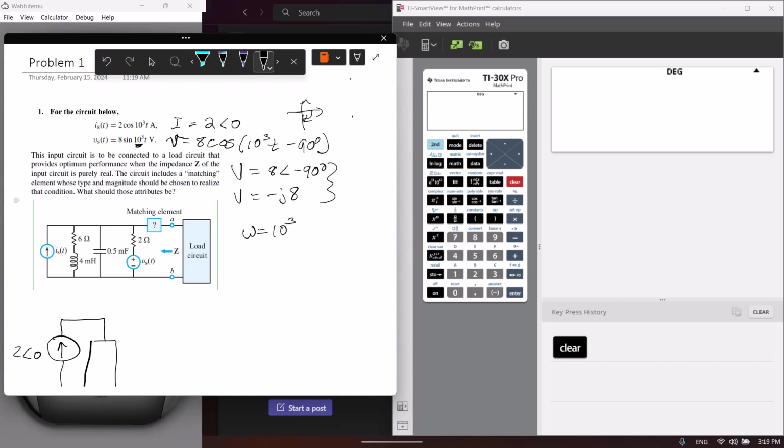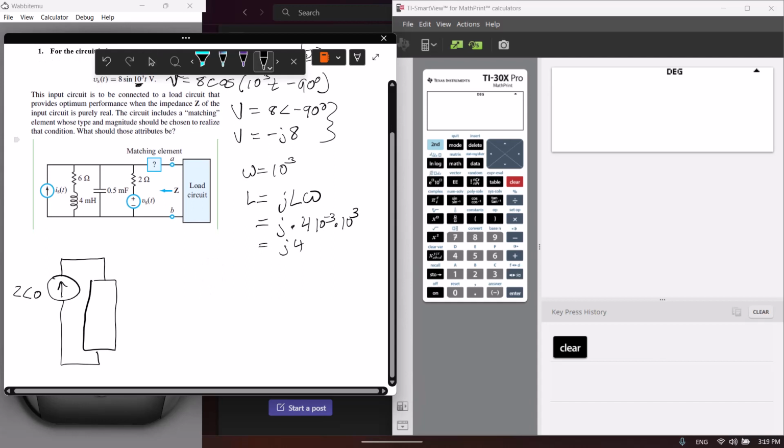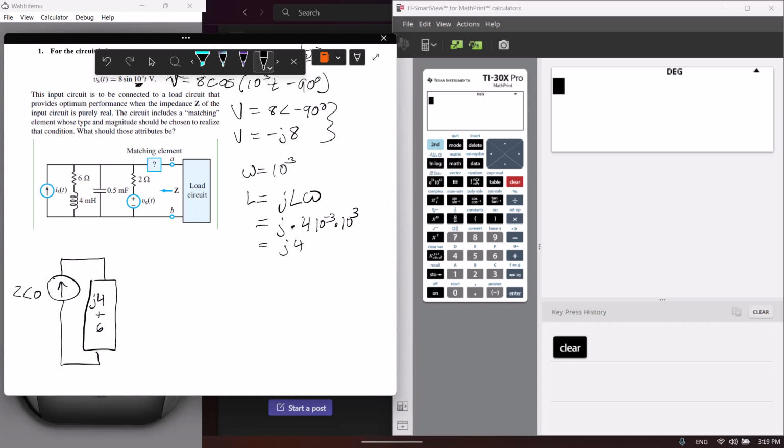And so my inductor, the phasor version of it, is going to be jLω, which would be j times 4 milli, so milli is 10 to the negative third, times omega, which is 10 to the third, or just j4. And then I'll add that to my 6 ohm resistor, which is real. So this is j4 plus 6.